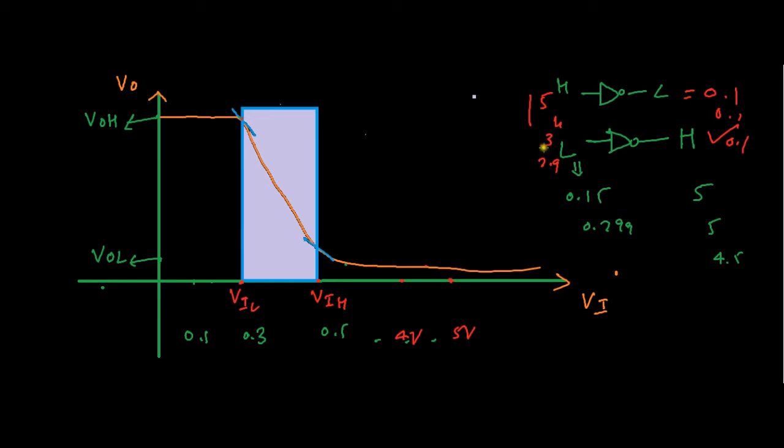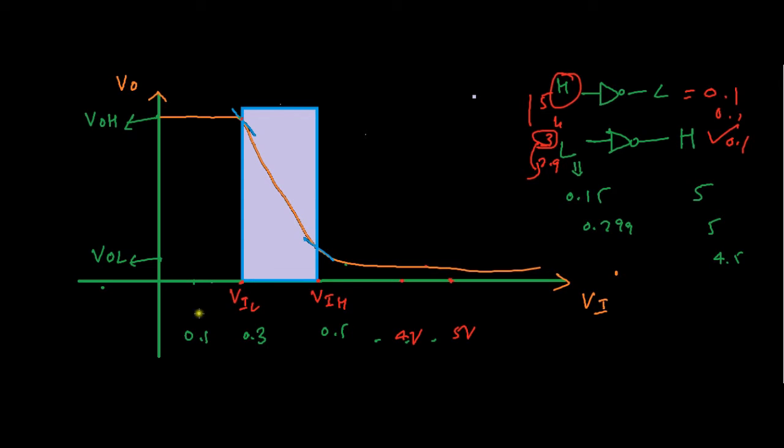In that case, 3 is the VIH. So it is the minimum acceptable high level input voltage, below which the input voltage cannot be considered as high. So that point will correspond to this point in the graph.